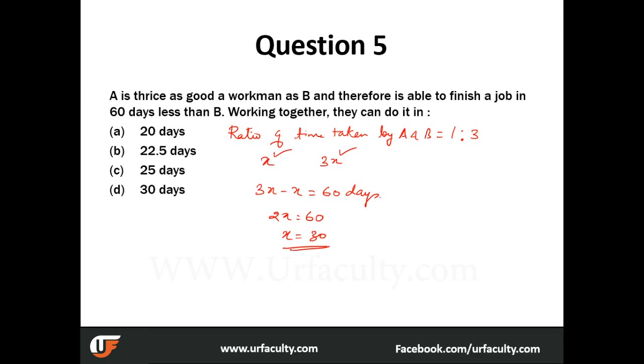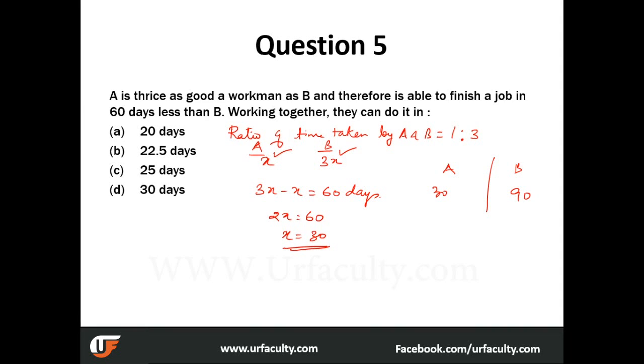Right? Now x is 30, so time taken by A is 30 and time taken by B is 90, because x and 3x.